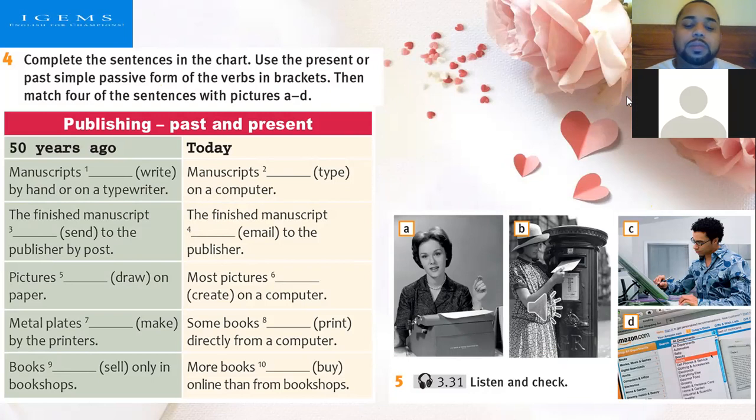Today, manuscripts are typed on a computer. 50 years ago, a finished manuscript was sent to the publisher by post. Today the finished manuscript is emailed to the publisher.